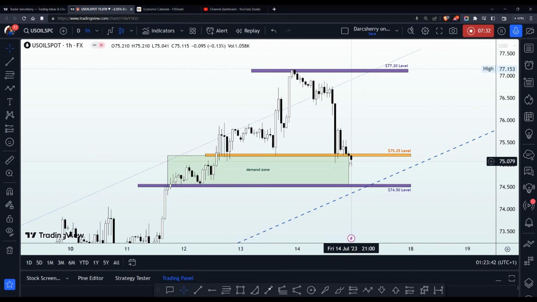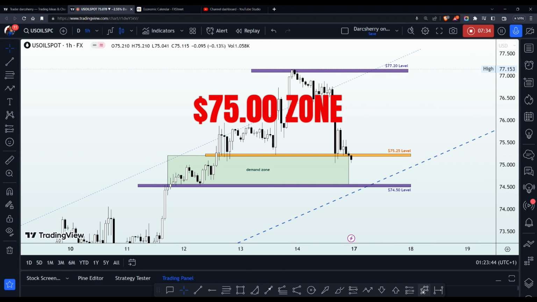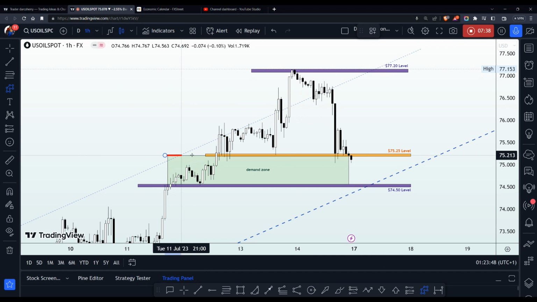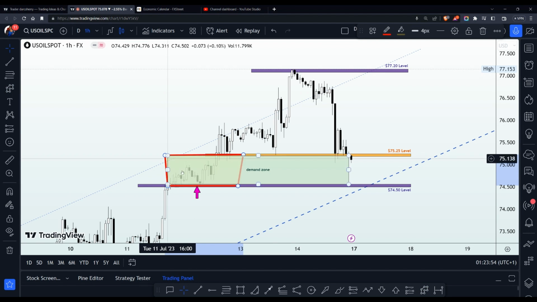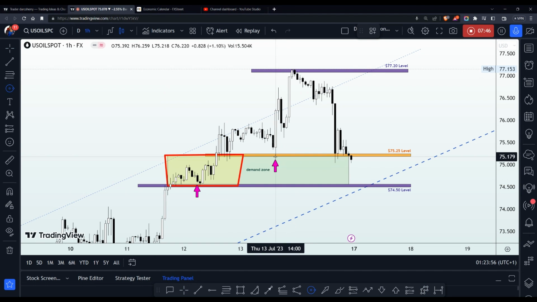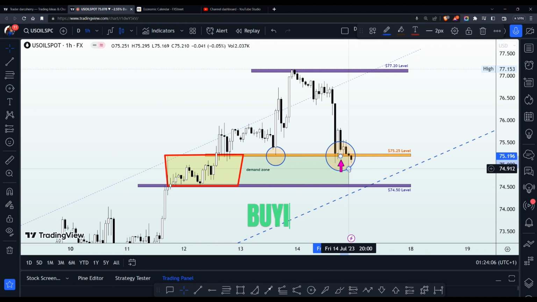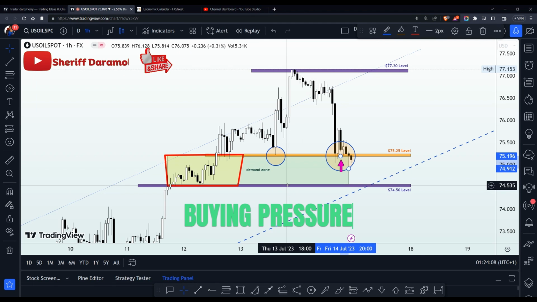So right now price is back around the 75 zone, and in fact if you go as far back as last week's trading session, we saw how that zone here turned out to be a platform for buying pressure. We saw price come back at one point midweek to retest the structure as sellers found it difficult to break through that area. And on the last trading day of last week, we saw how buy pressure resumed around that area.